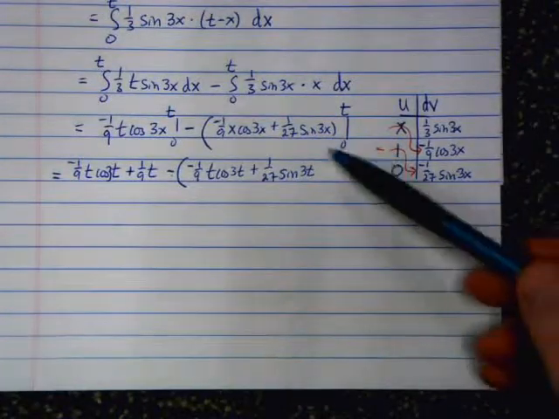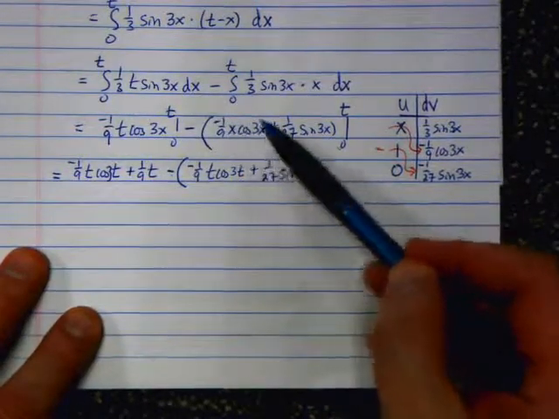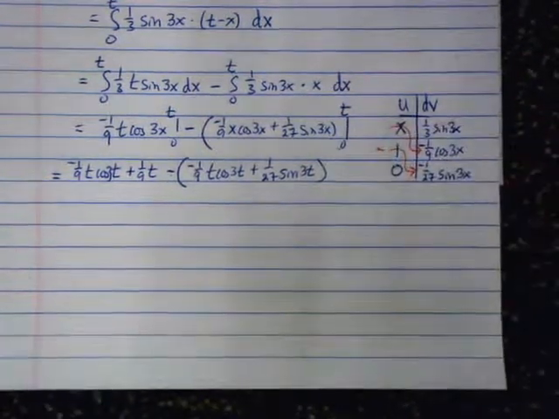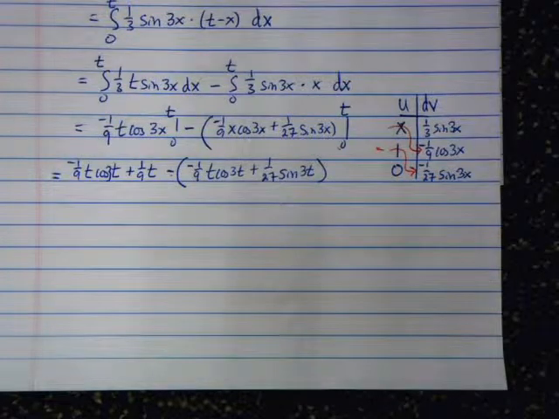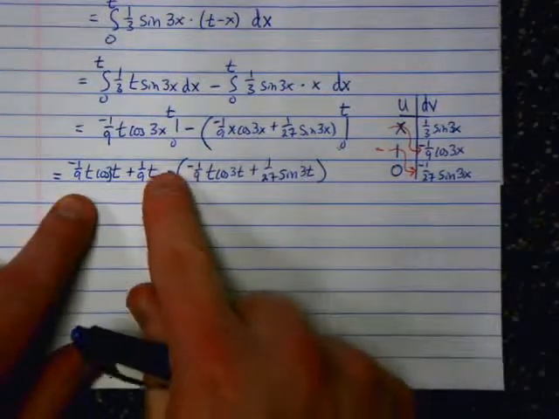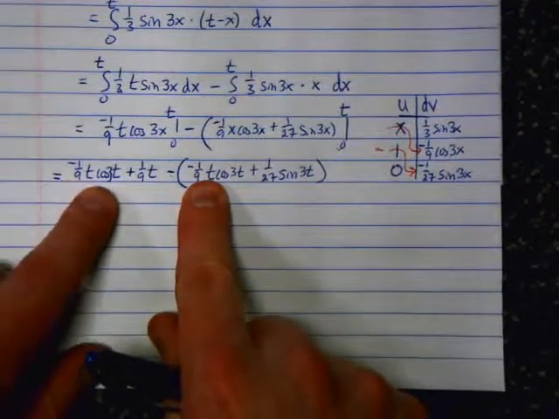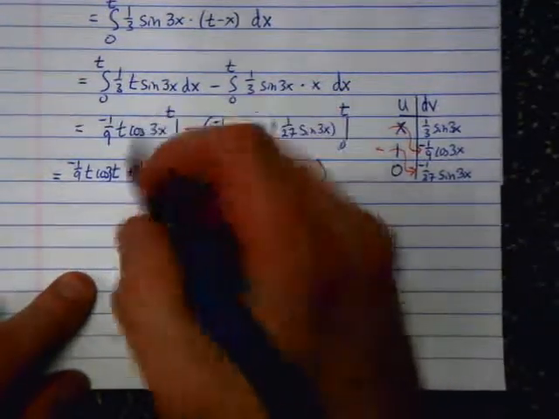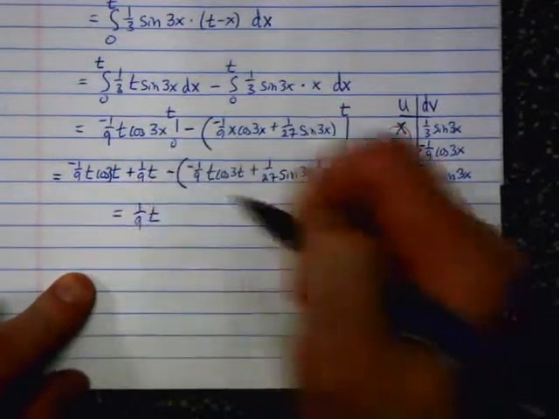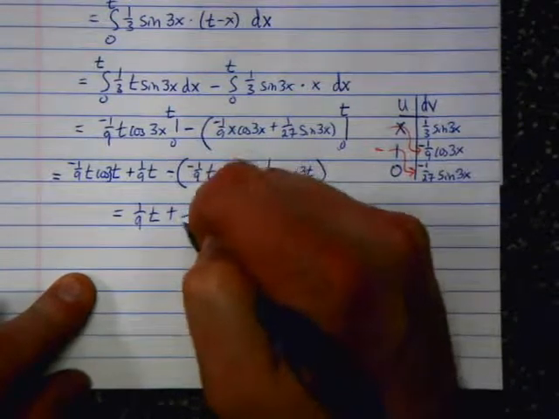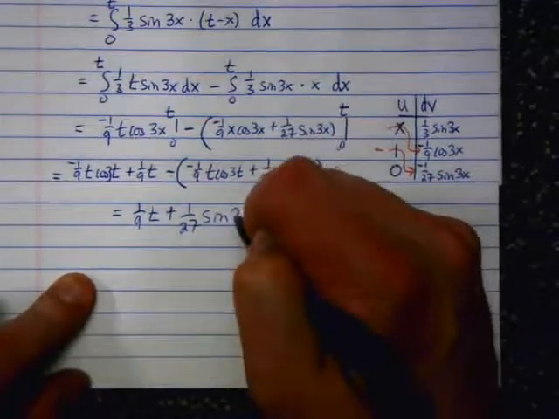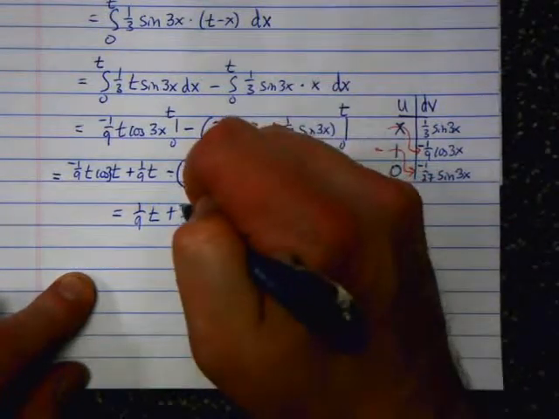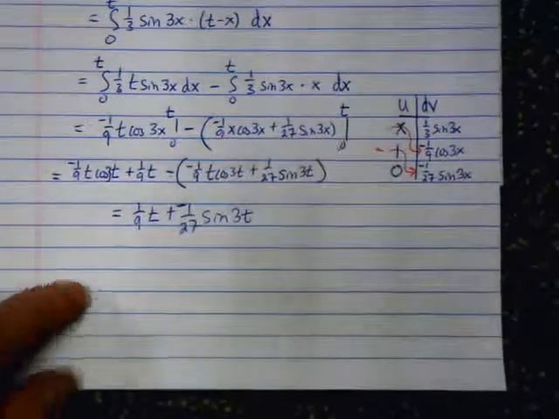And then when I plug in 0, I'm going to have 0 right there, sine of 0 is 0, so that whole term is going to be 0. Final answer looks like, when I distribute this minus through, this minus 1/9 t cosine 3t and a positive 1/9 t cosine 3t, those go away. Only thing left is 1/9 t minus 1/27 sine 3t.